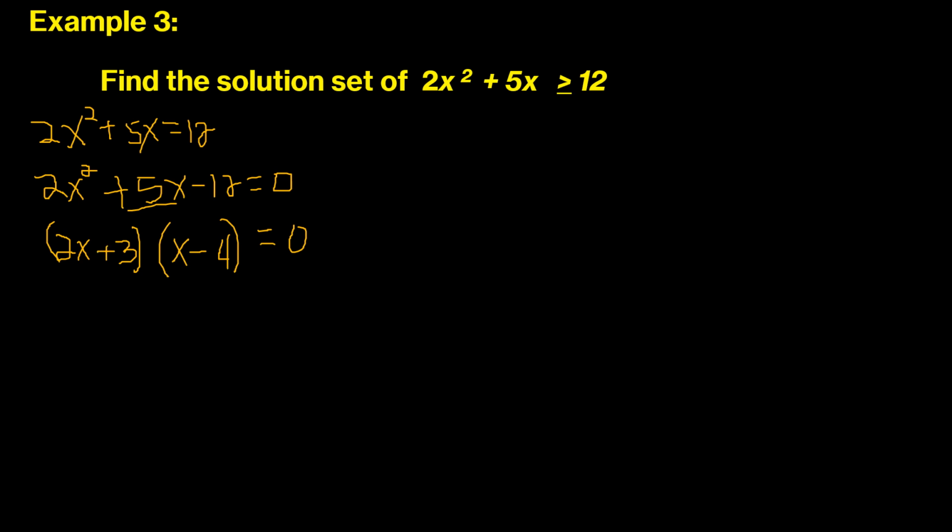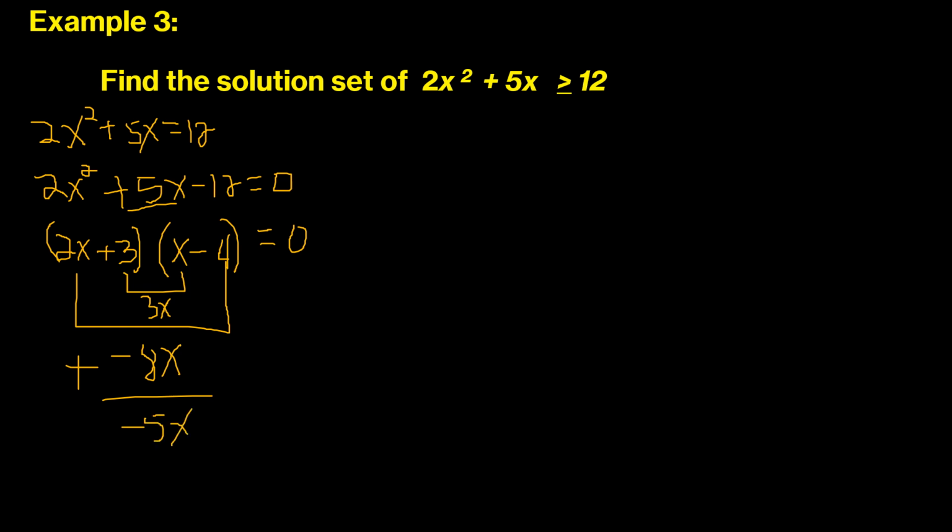So that's negative 4 times positive 3. That's negative 12. And let's try to multiply the outer terms and the inner terms. So the result should be positive 5x if we add. But 2x times negative 4 is negative 8x, and 3 times x is 3x, and if we add them, that would be negative 5x.